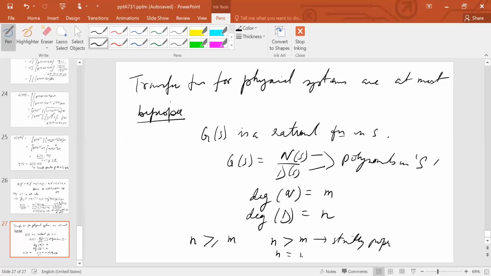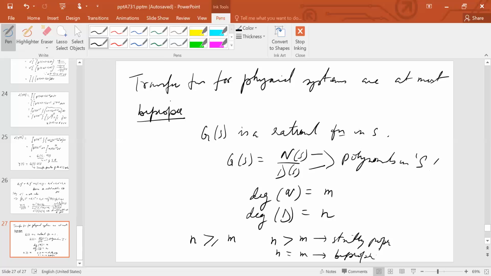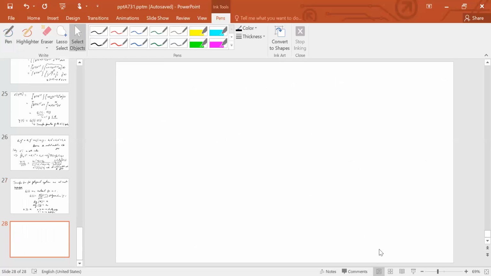If n is equal to m, it is biproper. What happens if they're improper? What happens is that you will encounter impulses. So for an input that is bounded, or an input that does not contain any impulses, you will encounter outputs that might have impulses. All right.